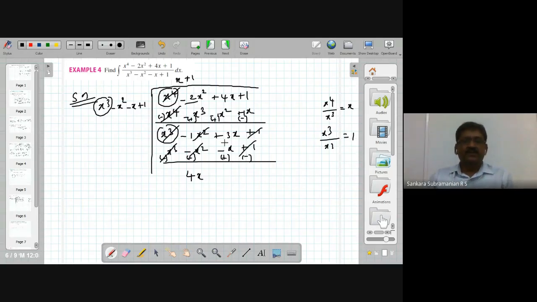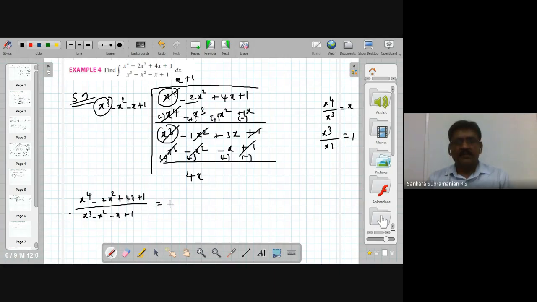Now the stage is rewriting the equation, that is important. How to rewrite the equation, sir? So this is x to the power 4 minus 2x squared plus 4x plus 1 divided by x cubed minus x squared minus x plus 1, equal to the quotient term.